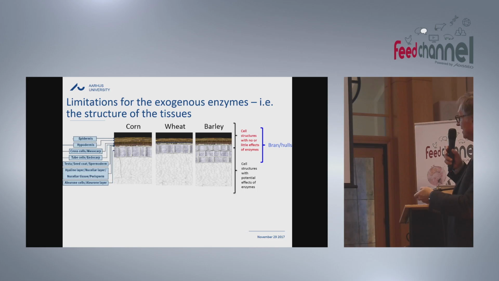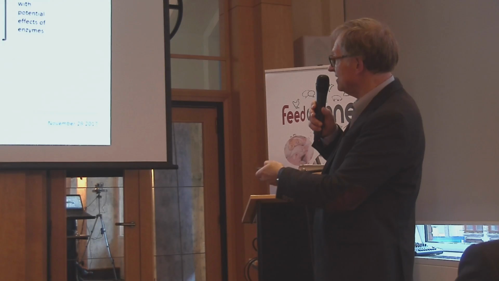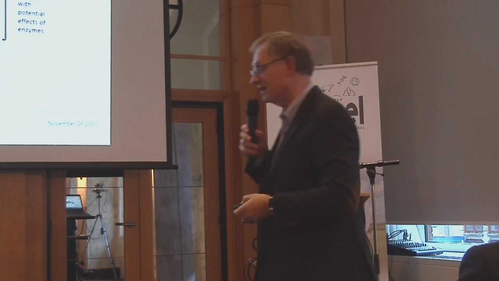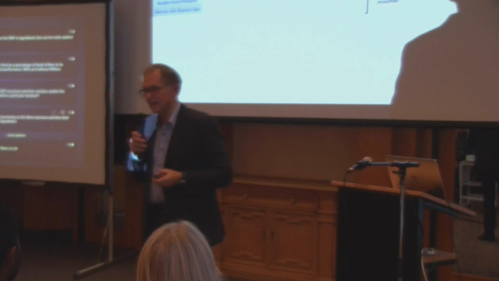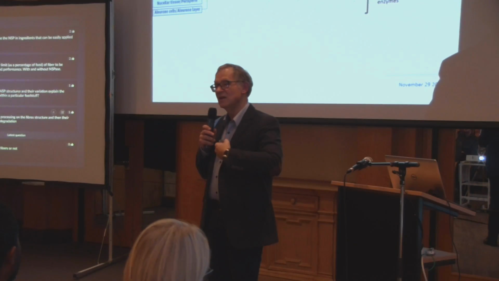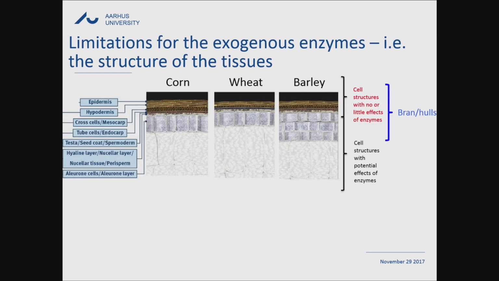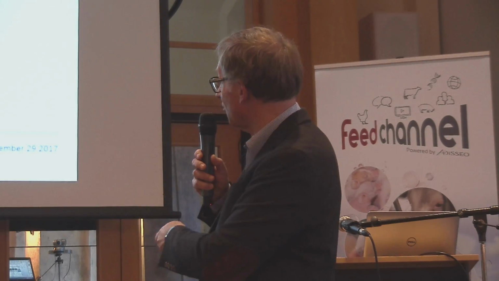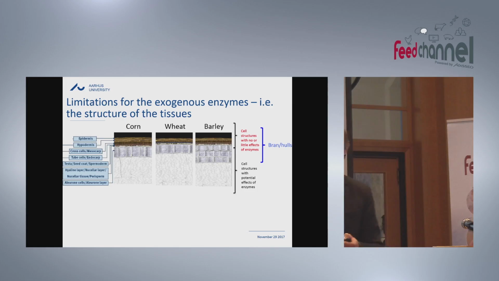Well, in my view, it's naturally so that the cell walls present in the endosperm can be modified by exogenous enzymes, and in principle that has been known for years. That is why, when you add exogenous enzyme, you see modifications of arabinoxylans and beta-glucans, and a great part of that comes from these cell tissues during that process.